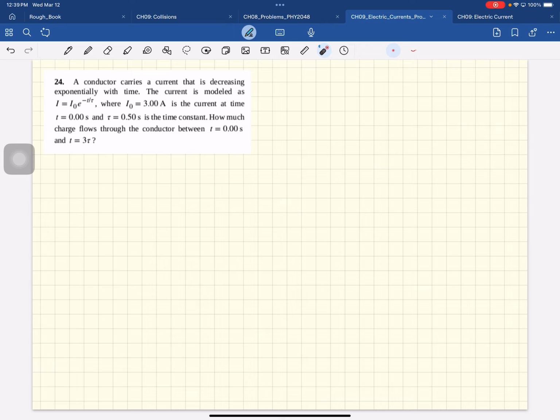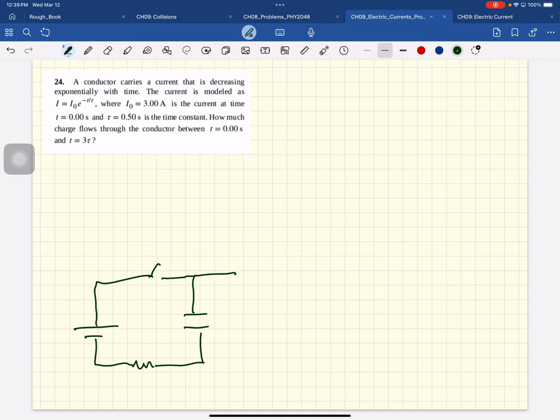So let me draw a circuit to show you. So for instance, okay, these are resistors. This is a capacitor, this is a battery.